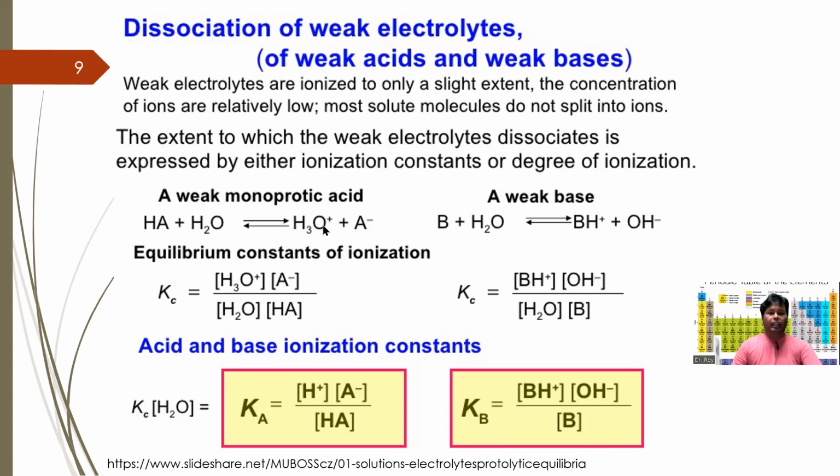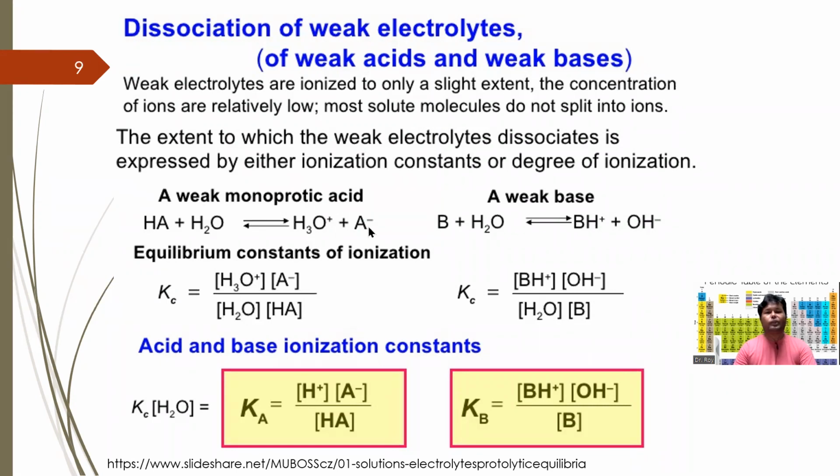Ultimately, as we have learned about the dissociation constant or equilibrium constant, we can write down the equilibrium constant for the ionization. When the monoprotic acid is ionizing, we have the ionization constant or equilibrium constant by this formula. As already mentioned, the equilibrium constant is equal to the multiplication of the concentrations of the products divided by the multiplication of the concentrations of the reactants.